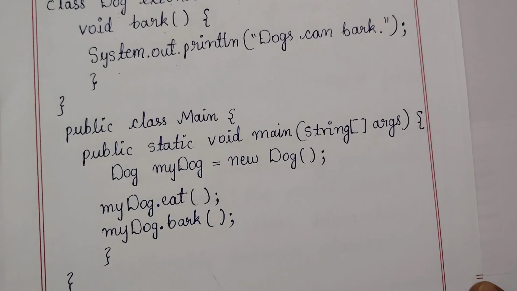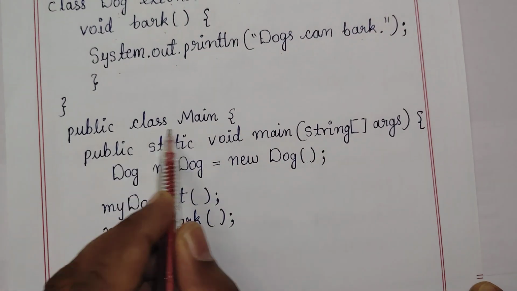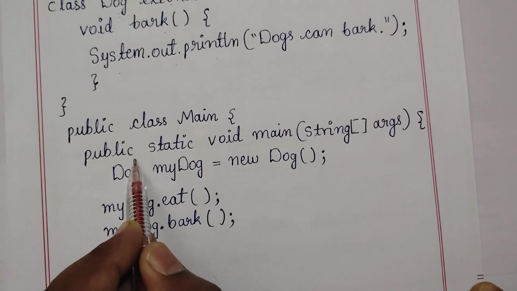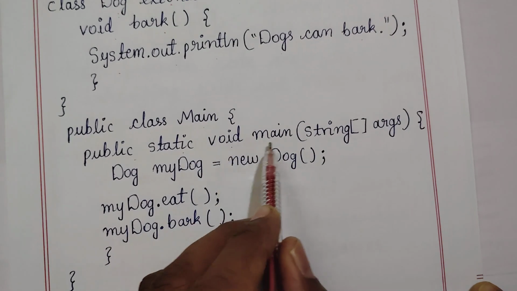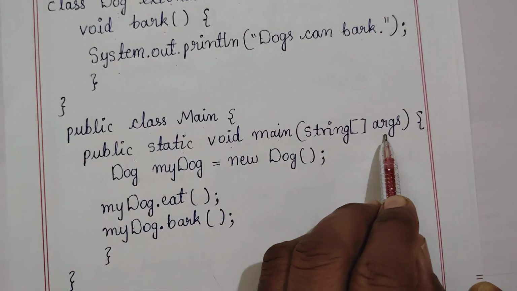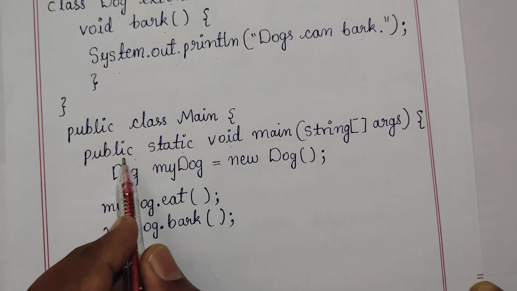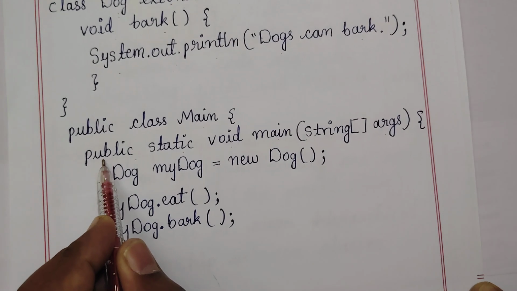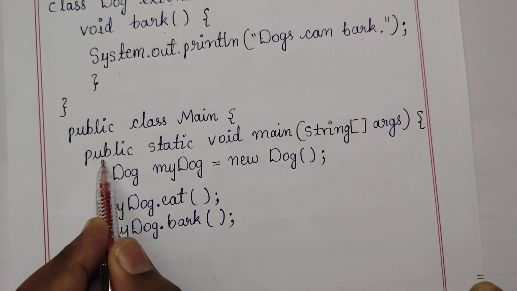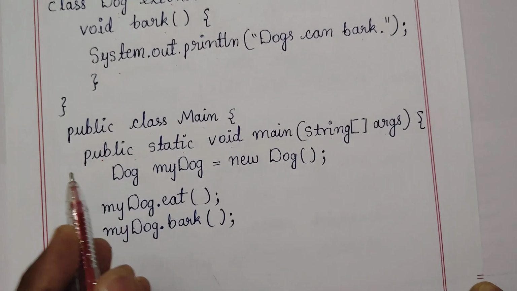Now next we are going to write the main method. What is the main method? This is called public static void main, String args. This is the syntax for the main method. The public is the access modifier. There are different types of access modifiers.